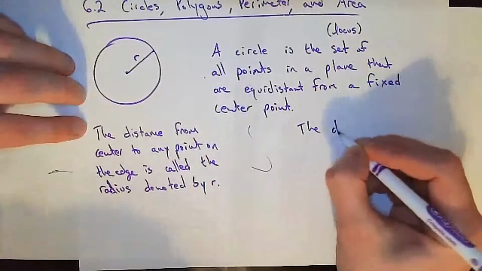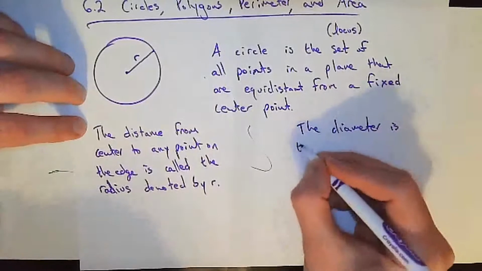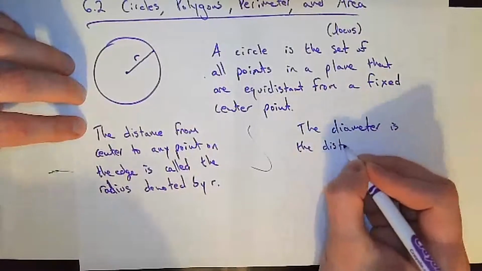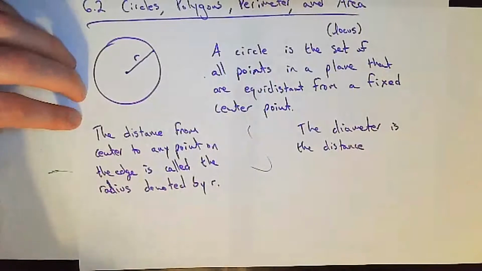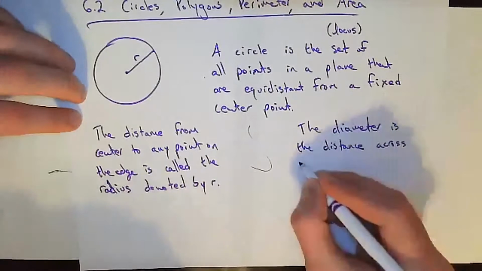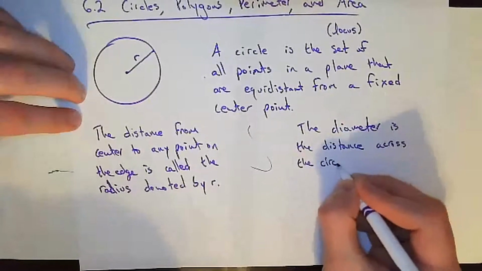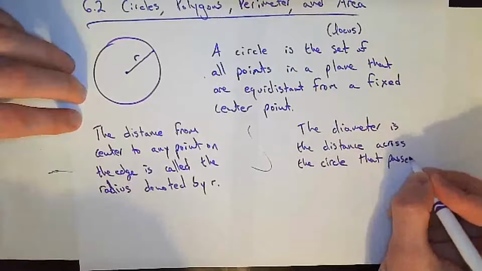The diameter is the distance across the circle that passes through the center. It has to pass through the center.